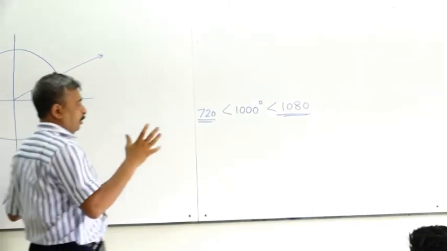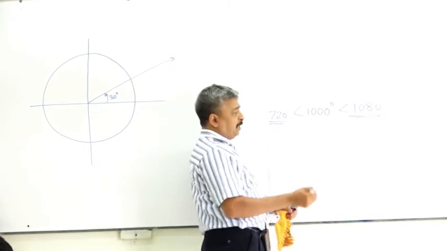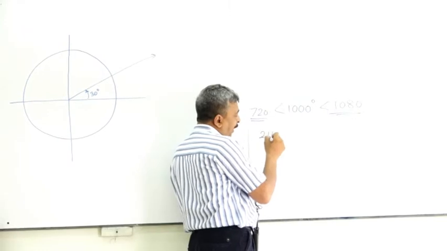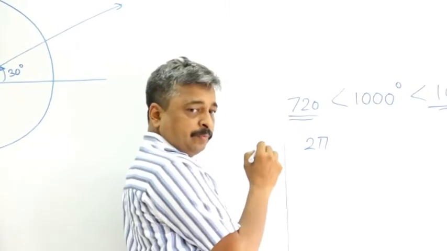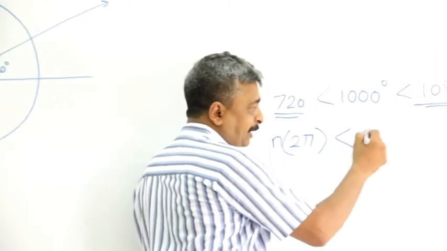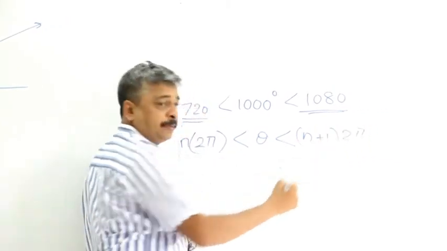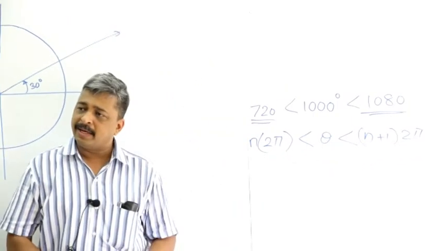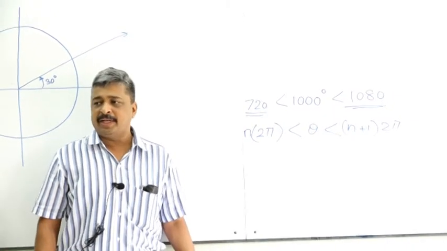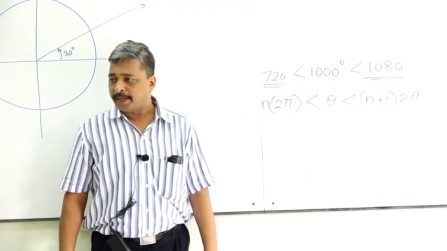So any angle, no matter what its measure is, we can always catch between multiples of 2 pi: n times 2 pi less than theta less than n plus 1 times 2 pi. Every angle that is given to us, theta belonging to R, will always lie between n 2 pi and n plus 1 2 pi.